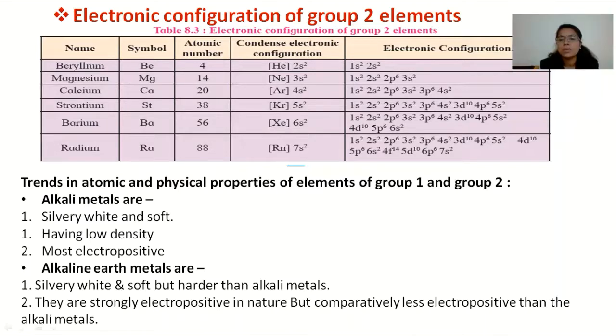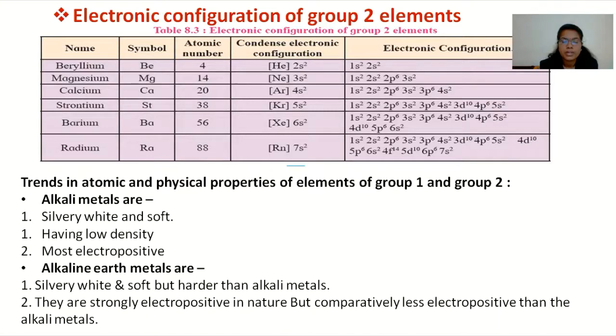Instead of writing such a long configuration, we can also write the condensed electronic configuration, in which we consider the nearest noble gas element. So if we observe the outer electronic configuration, it is 2s2, 3s2, 4s2, 5s2, 6s2 and 7s2. So we can say that the general outer electronic configuration is ns2.